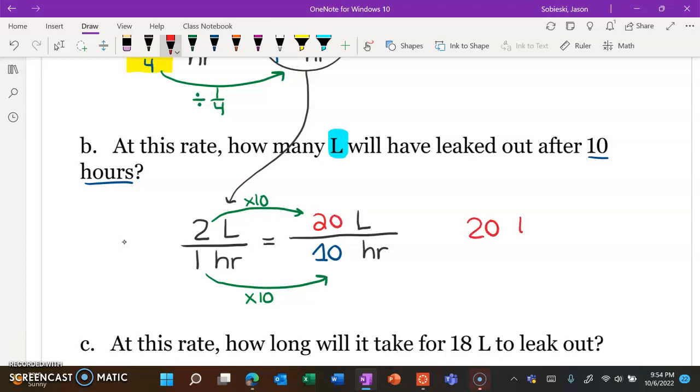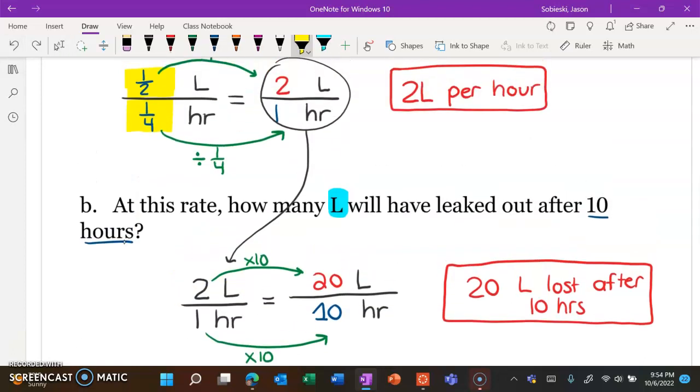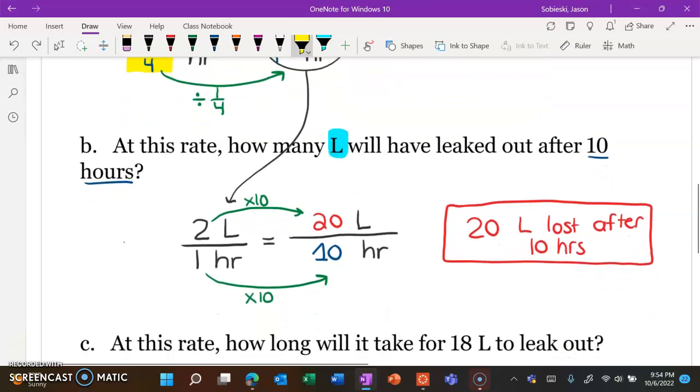So I'll write that again. 20 liters lost after 10 hours. Okay, and again, you could have also, instead of starting with the 2 liters for 1 hour, you could have also started it with the 1/2 liter for 1/4 of an hour. Either way would have worked.